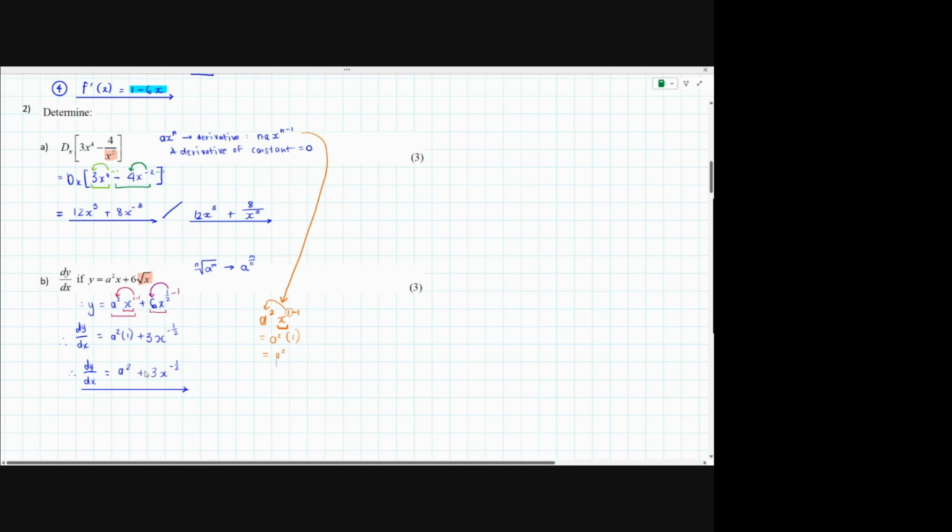Ma'am, do you mind also showing us if they had asked us to derive for a? Okay, so if they'd asked you to derive for a, essentially this whole term at the end would fall away because that would be considered a constant. So you'd only be focusing on this term here.